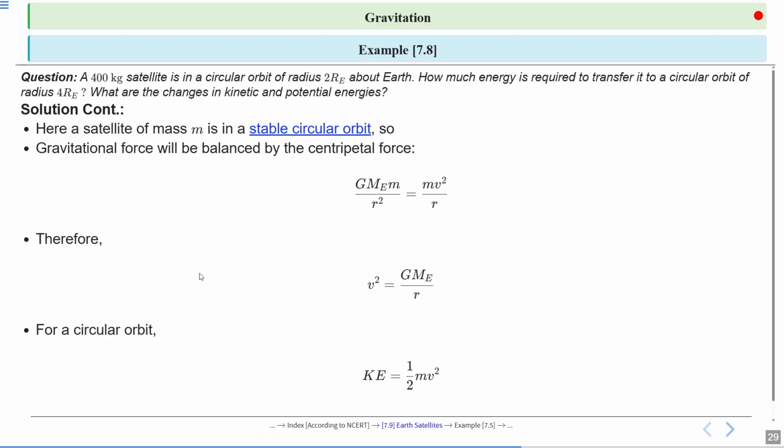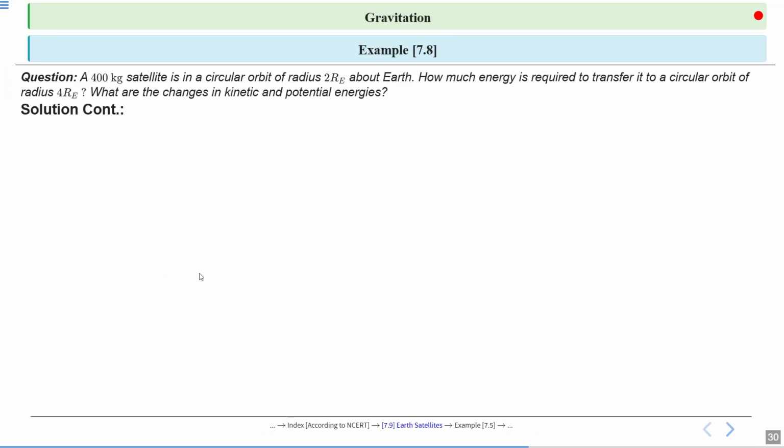So next, let's calculate the kinetic energy. The formula is 1 by 2 mv square, by substituting the expression we found for v square. So we substitute v square equal to G Me divided by r in the formula of kinetic energy, that is half mv square.